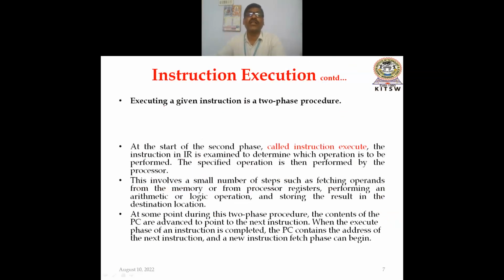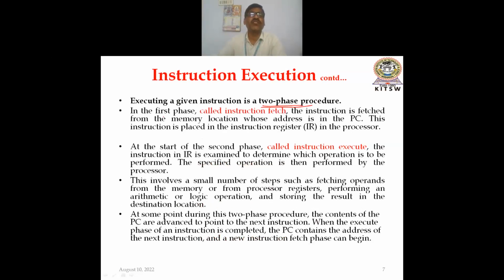Generally the instruction execution has two phases. It follows a two-phase procedure. In the first phase, which we call the instruction fetch cycle, the instruction is fetched from the memory location whose address is in the program counter, PC.